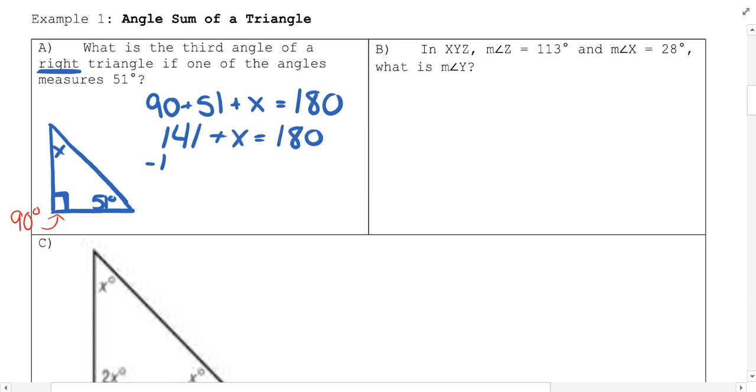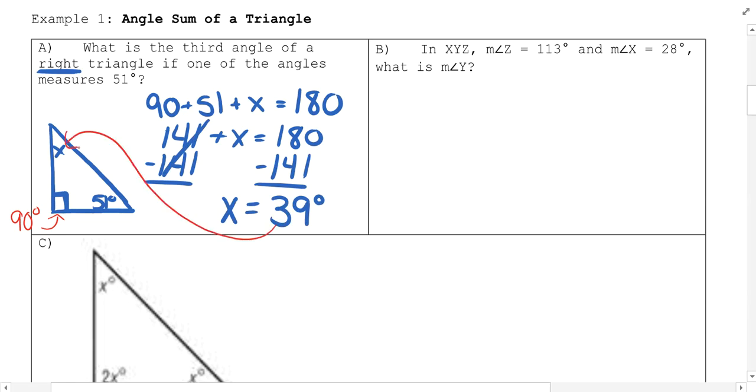Then we can solve as we would any one-step equation, and we get that x is equal to 39 degrees. So our missing angle is equal to 39 degrees.